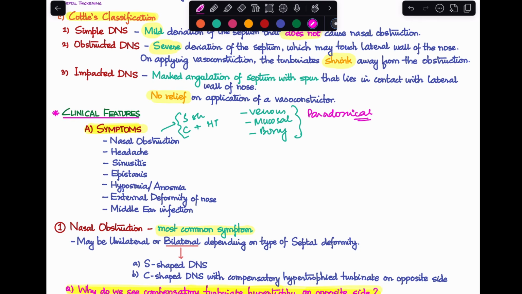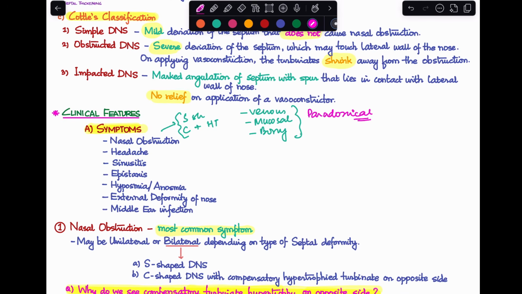What happens here is that these patients usually have very long standing nasal obstruction on the deviated side. Because it has been so long standing, they get accustomed to it and are no longer aware of it, so they do not notice the nasal obstruction on the deviated side anymore. Now, coming to the physiology of the nose, I'll make a separate video on it.